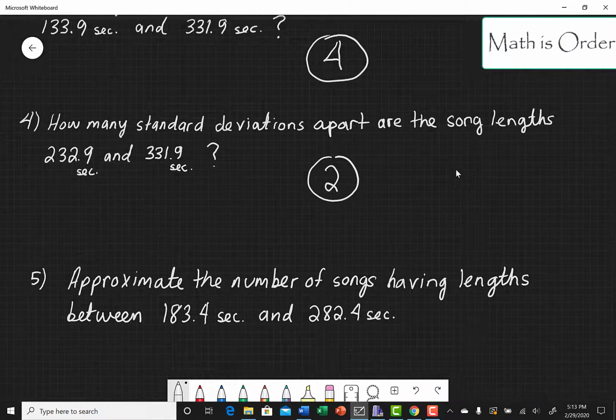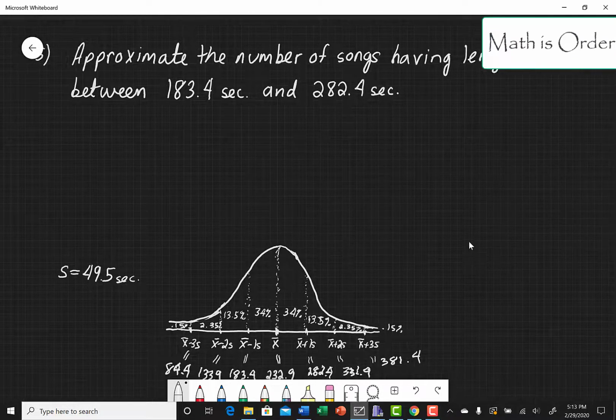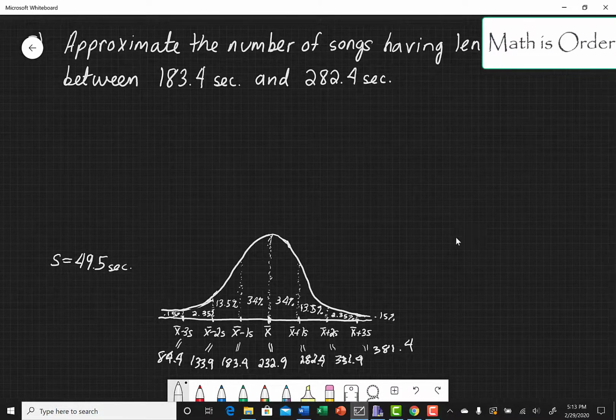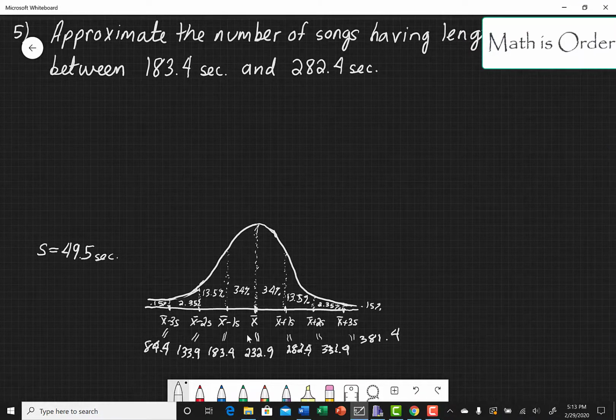So out of those 150 songs, we want to know approximately how many were between 183.4 seconds and 282.4 seconds. So we want to know how many of those 150 songs lie within 68% of the mean.